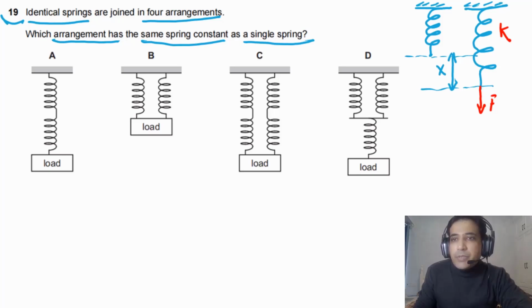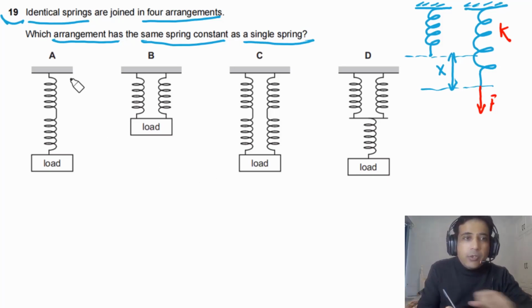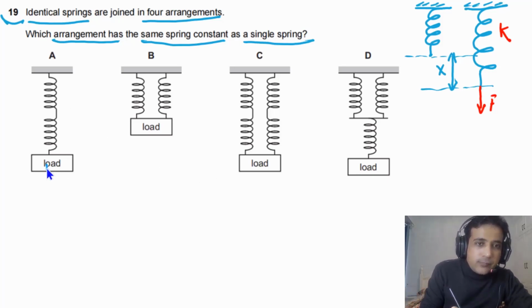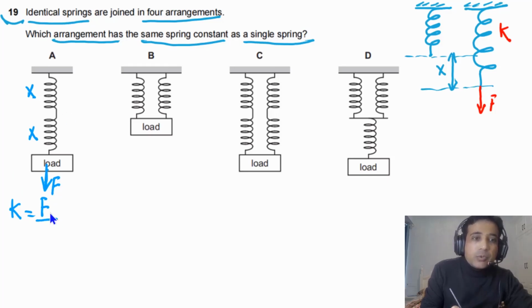If you look at the given options, in the first case, let's say the force here is F. When the force here is F, the force acting on this spring also will be F. So the extension in spring 1 will be X, and the extension in this spring also will be X. So in this case, K new will be equal to F divided by the total extension, that is 2X.